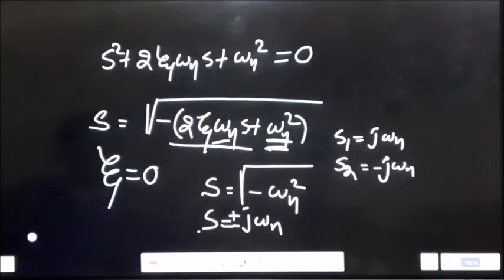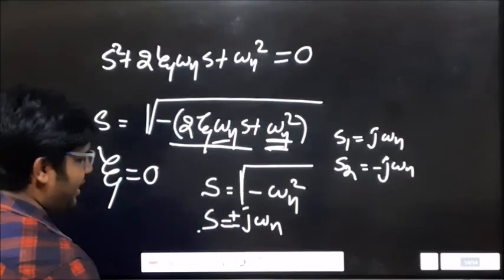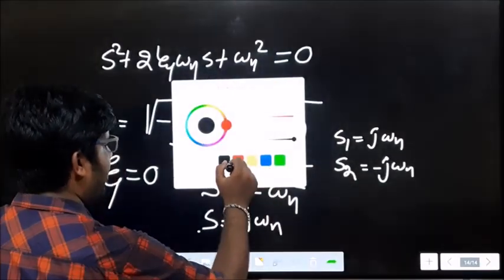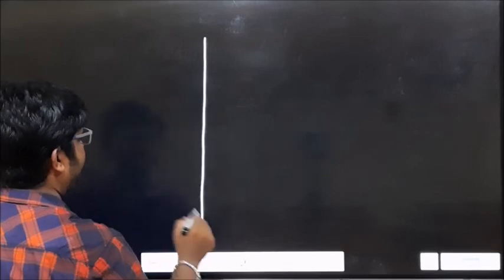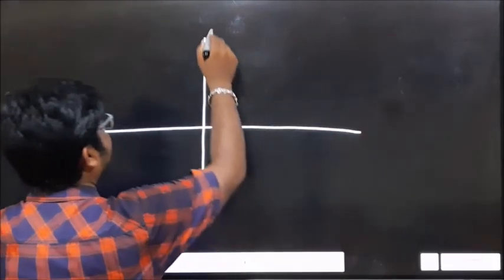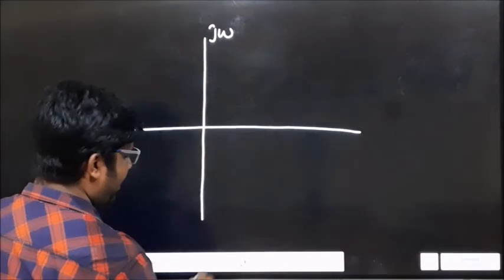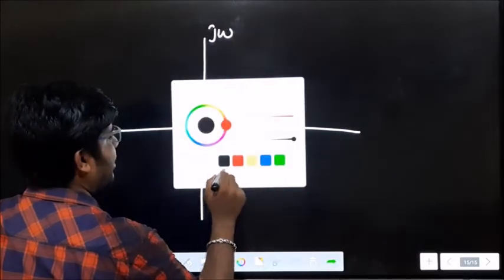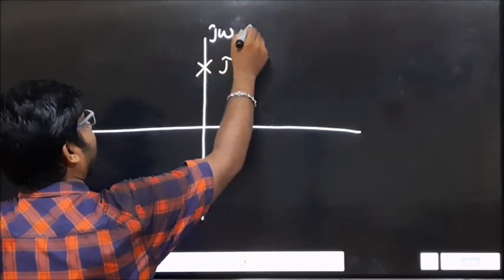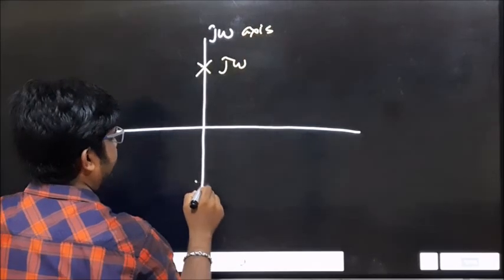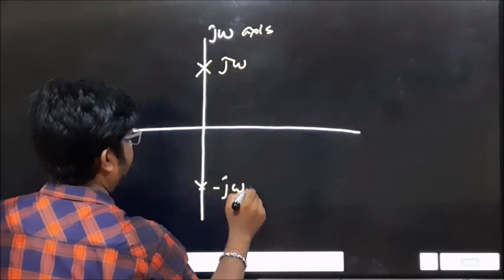In this situation, when zeta is equal to 0, my poles are imaginary poles. If you draw this, it will come like this. This is my j omega axis, this is the s plane, and one pole is here at j omega, and this is minus j omega.